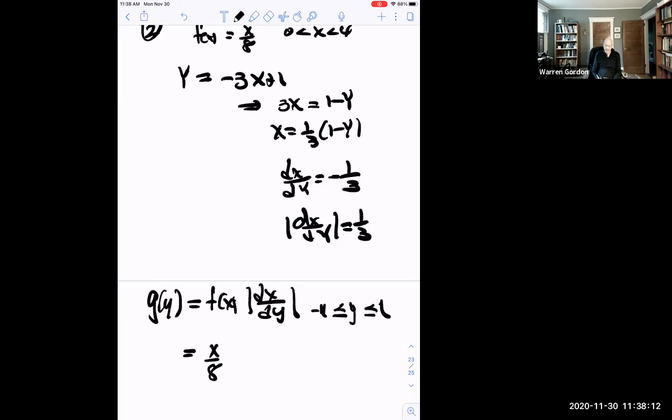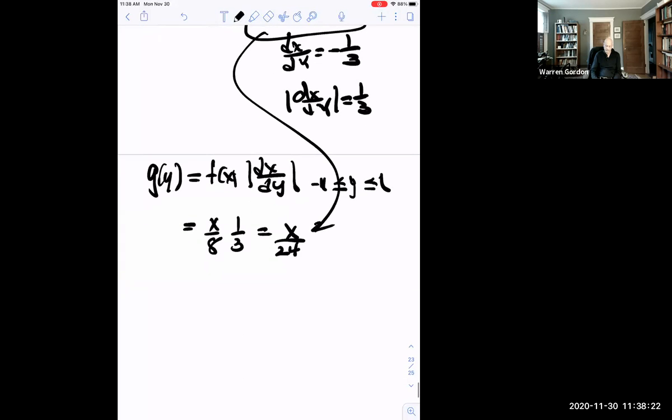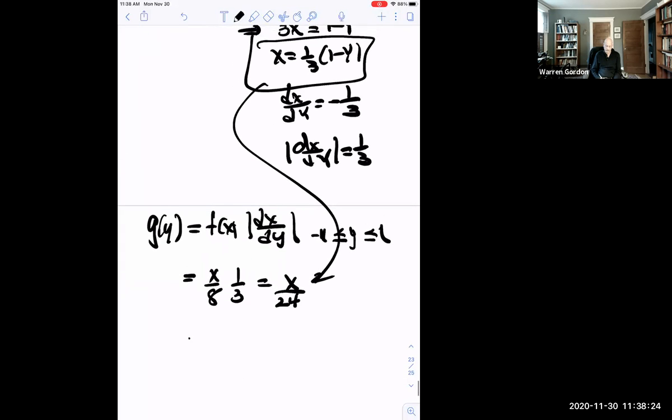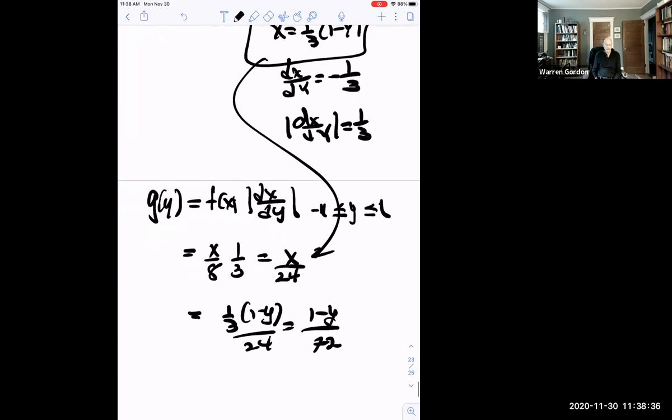The absolute value of minus 1/3 is 1/3. This is x over 24. And now let's remember, this is equal to 1/3 times 1 minus y over 24, or 1 minus y over 72 as before. So the theorem really makes life very simple.